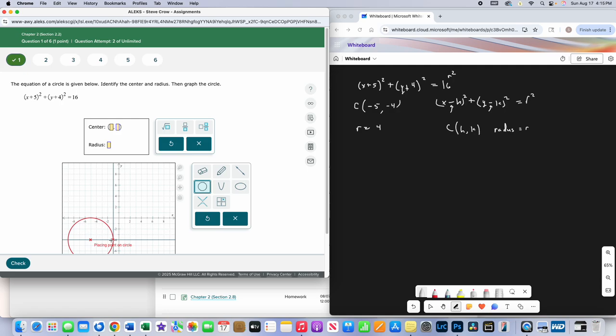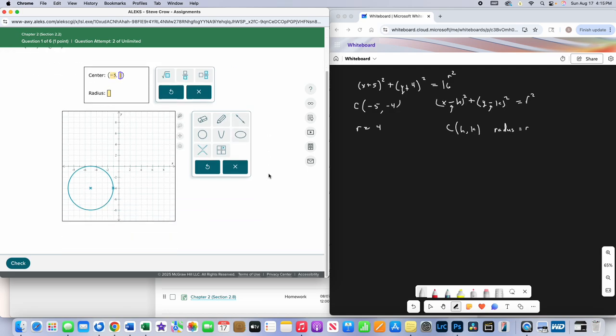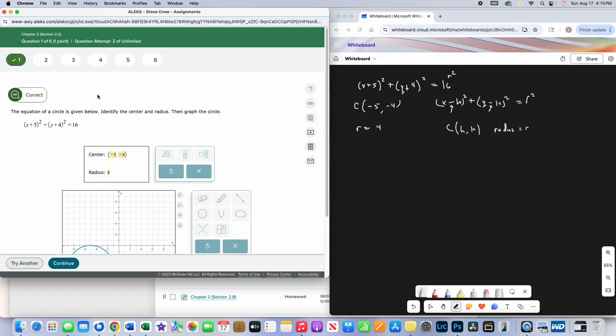You just go straight up or down, or straight left or right, and place the point there. And then let's go ahead and put in our center, -5. We didn't do that part first. Let's scroll this up a little bit. -4, and then our radius is 4. And then we will hit check, and we got it correct.